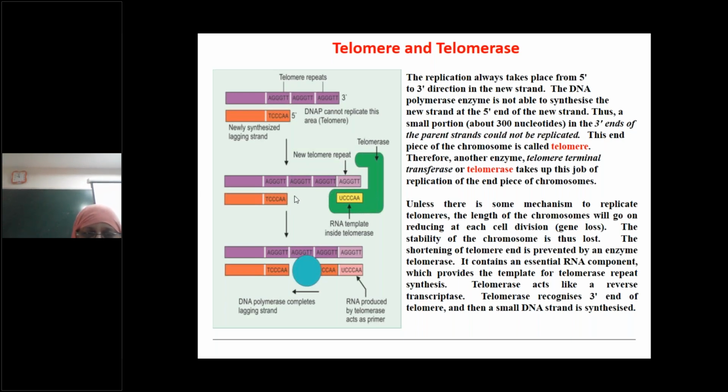So the small strand of DNA is synthesized by the telomerase, and the RNA acts as a primer, and then DNA polymerase completes the synthesis of the lagging strand. The importance of this telomerase enzyme is that it prevents the shortening of the chromosome.